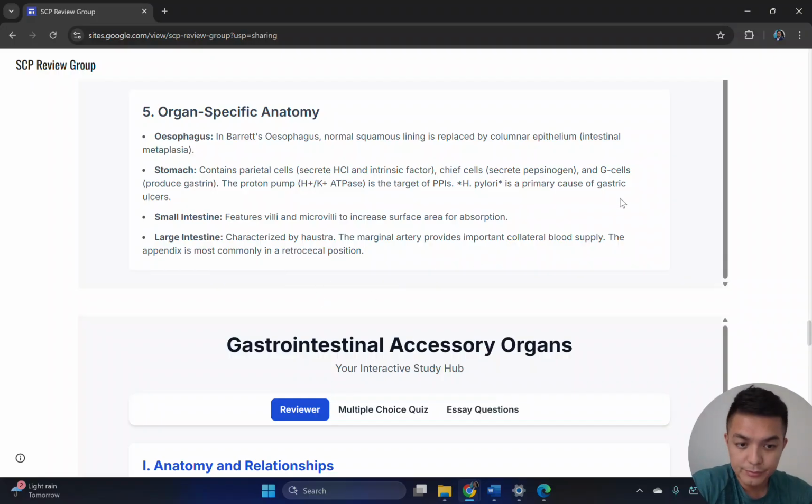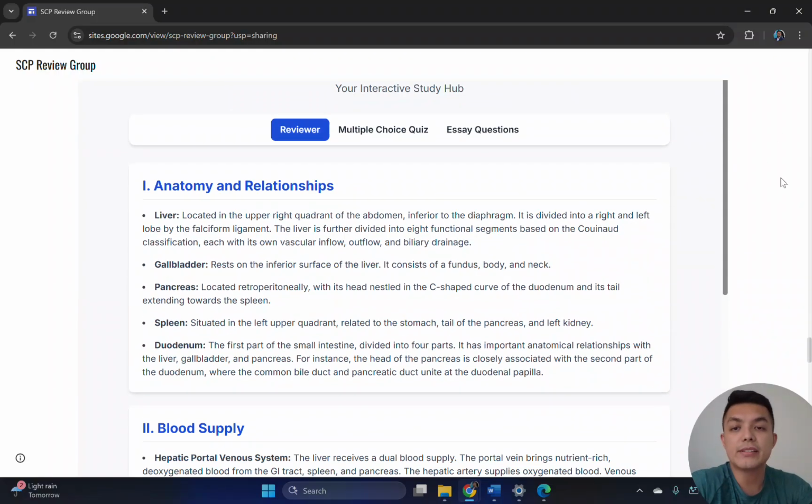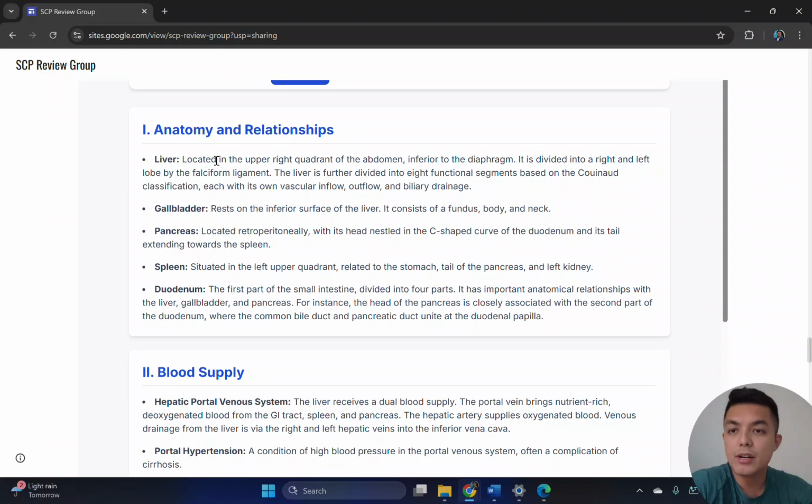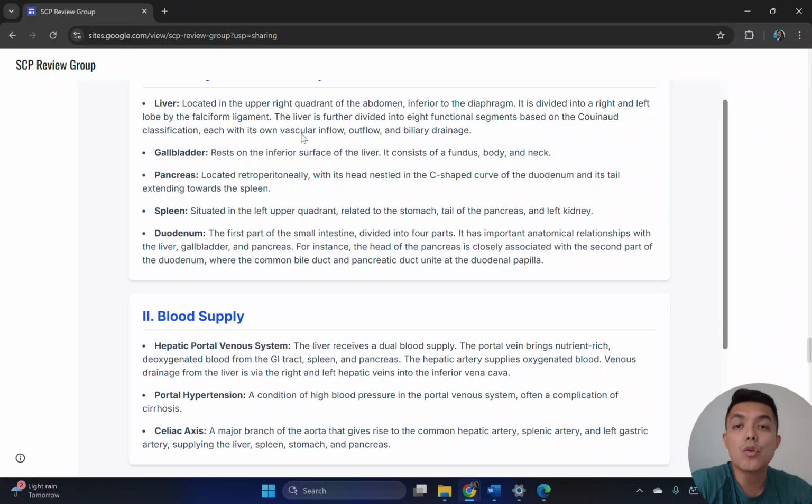So let's continue in the gastrointestinal accessory organs. So first is the liver. It is located in the upper right quadrant or right upper quadrant of the abdomen, inferior to the diaphragm, and it is divided into a right and left lobe. And it is divided by the falciform ligament.